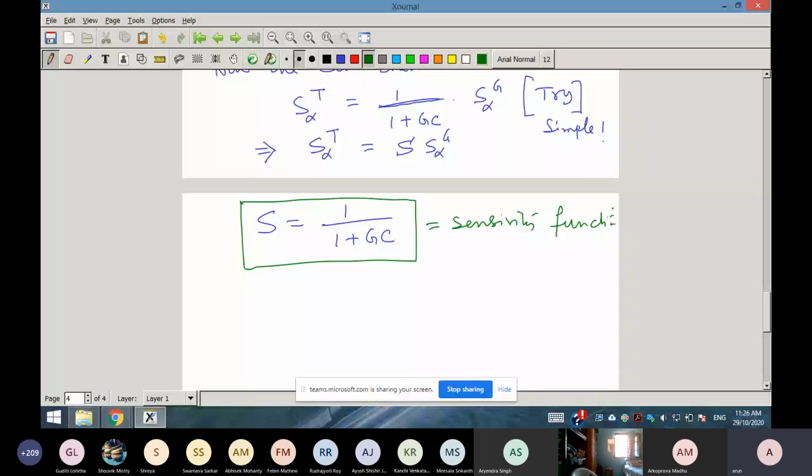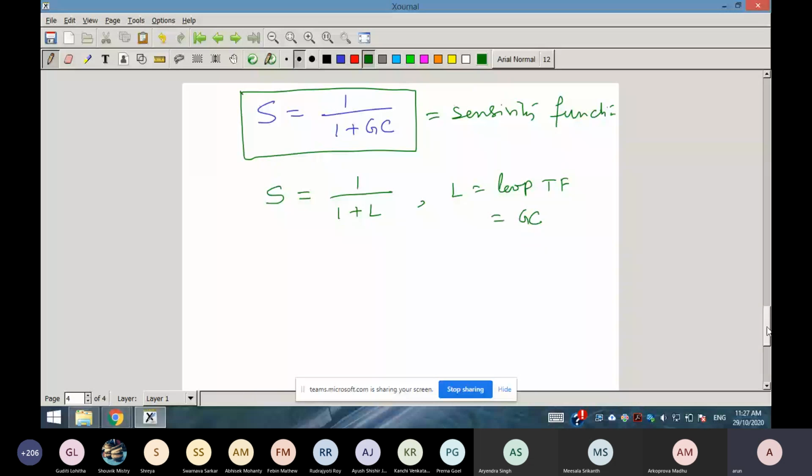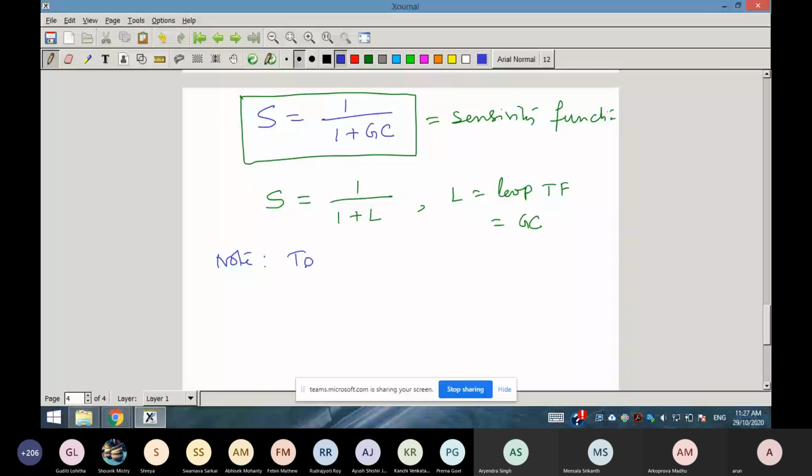From this relation you can easily see that S can also be written as S equal to 1 divided by 1 plus L, where L equals the loop transfer function, which is G into C. So to reduce sensitivity, L should be as high as possible.